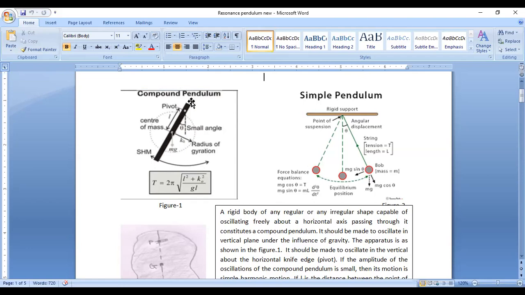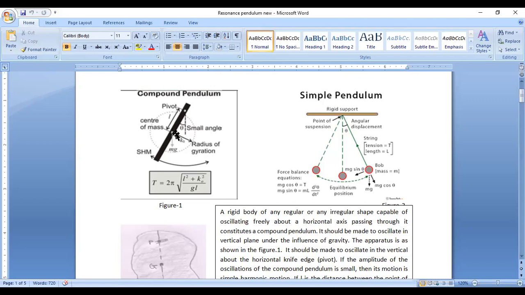There is a distribution of mass along the bar of the pendulum, and because of that you will have a point where the entire mass can be considered concentrated. That is the center of gravity, or let us say the center of mass, which we can locate on the bar pendulum.